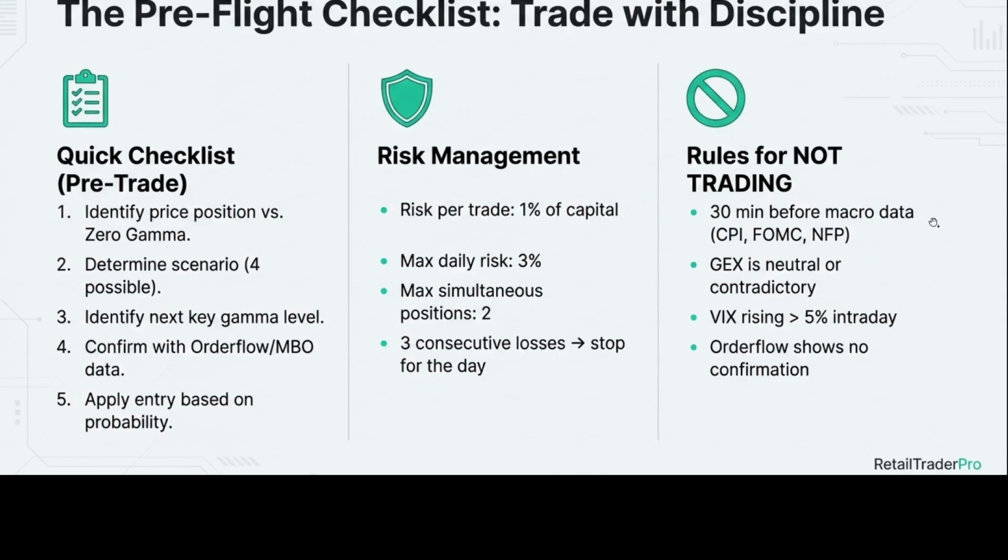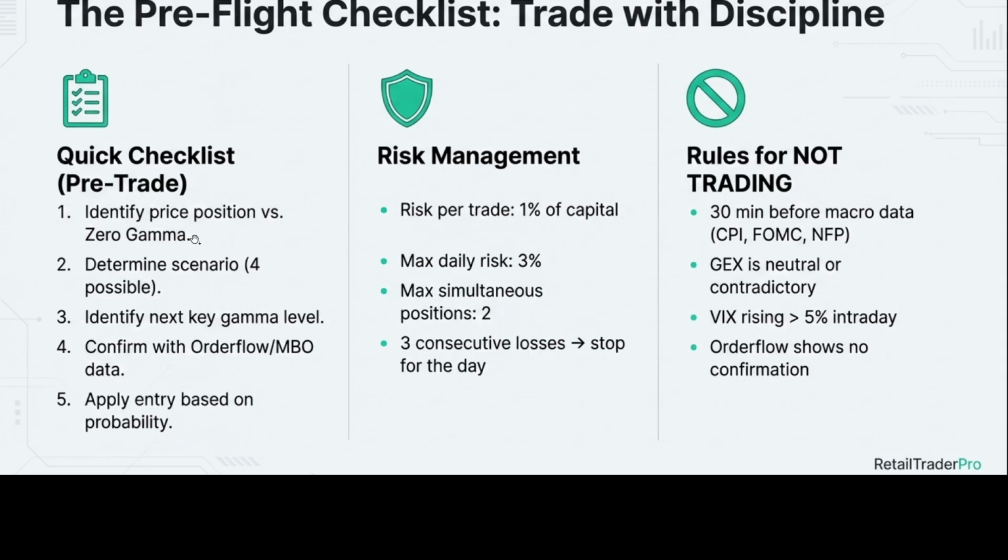Okay, the pre-trade checklist. Trade with discipline. Maybe you have your own parameters for taking a position, but I can give you some tips here. First of all, identify the price position versus zero gamma.